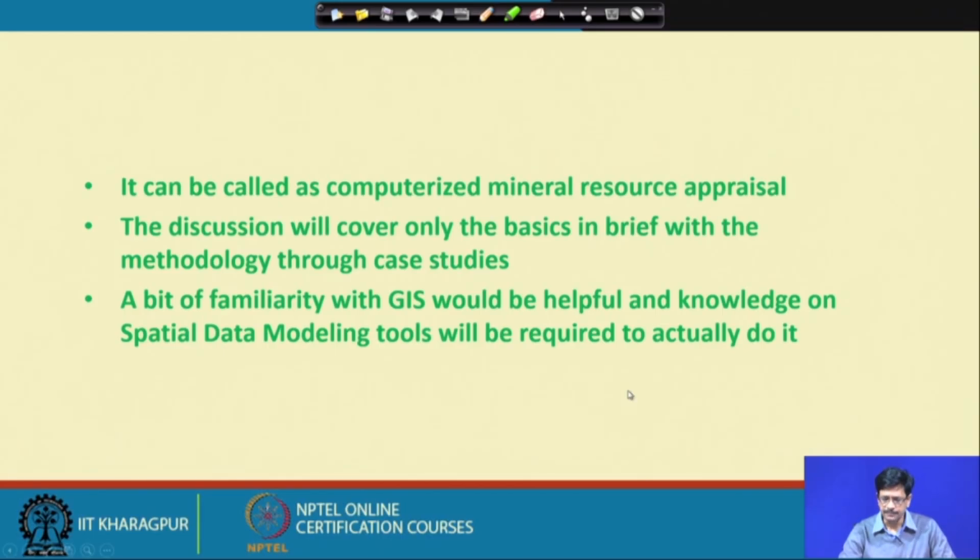What we would like to have also is a map which would demarcate areas indicated to be the most probable or most potential areas, and that is why this concept is known as mineral potential mapping.